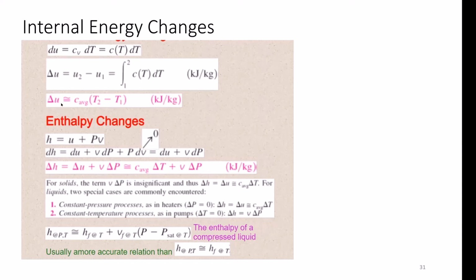And what we found is that a good estimate is the specific heat average between the two temperatures times the change in temperature, delta T.